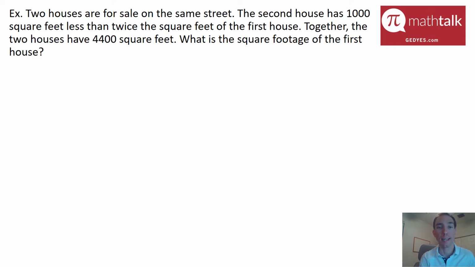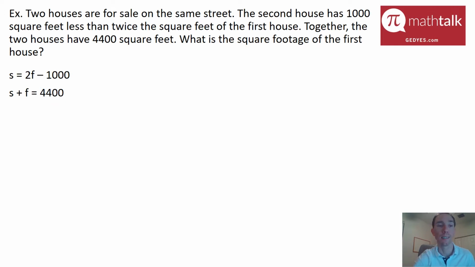So they tell us that the second house has 1,000 square feet less than twice the square feet of the first house. And then together, the 2 houses have 4,400 square feet. What that means is they gave us basically 2 equations to use.